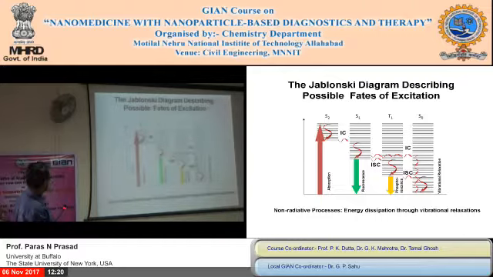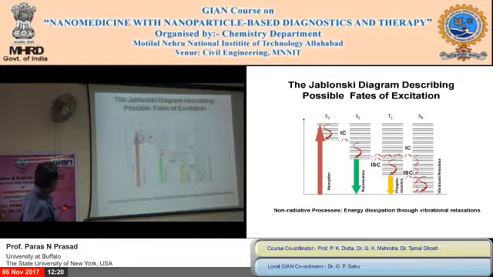Okay, so you excite there, and normally in each electronic state you can also have vibrational levels. So you can excite coupled electronic and vibrational levels. It's called a vibronic level. Okay, so part of this energy is in the form of electronic transition, part is vibrational.